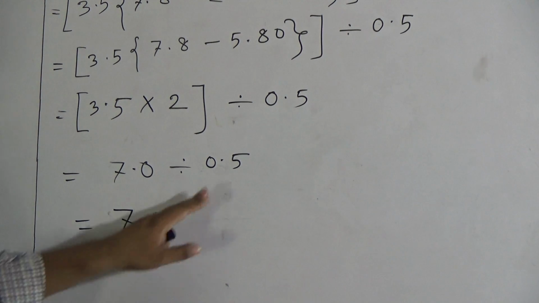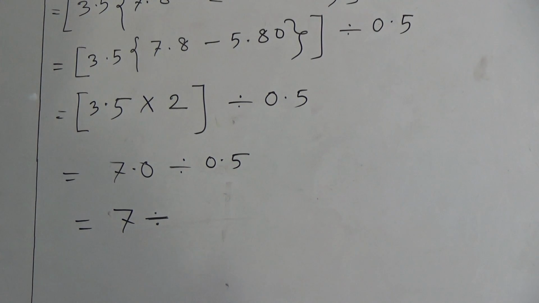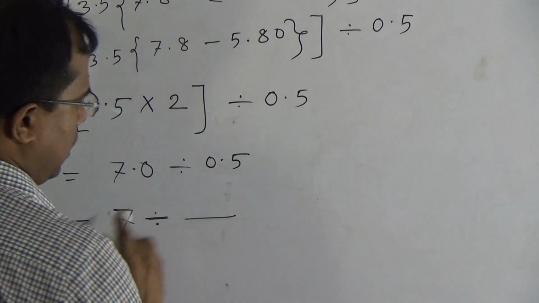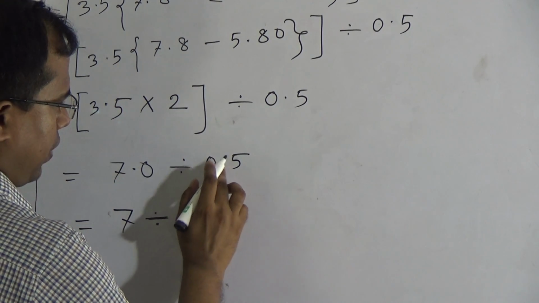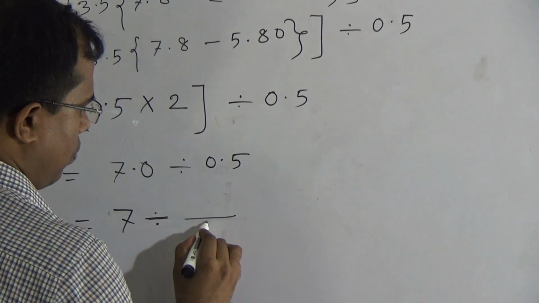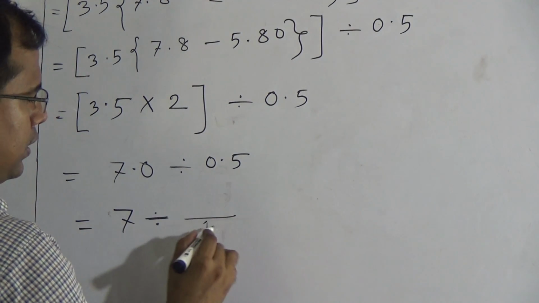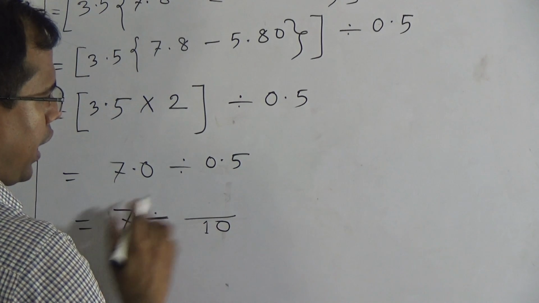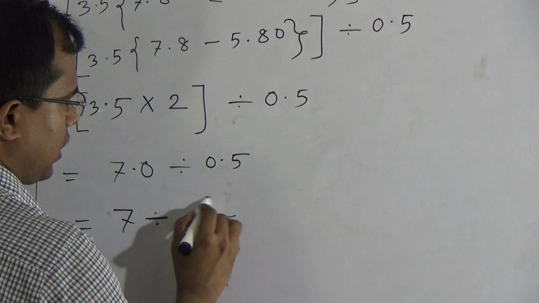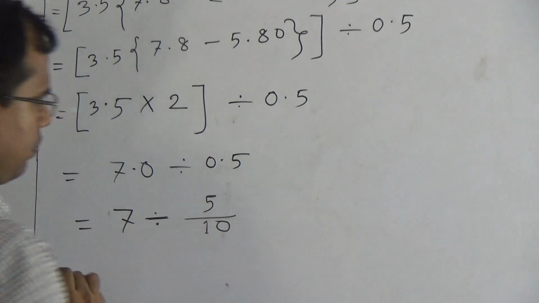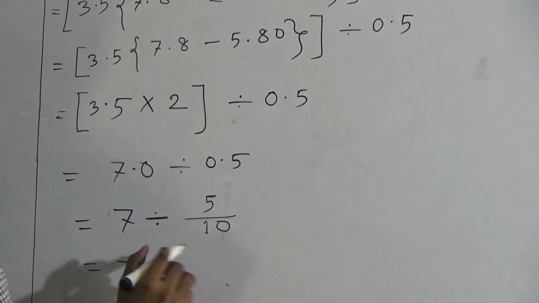We will convert this decimal number into a fraction. In the denominator, at the place of the decimal sign we will give 1, and after the decimal sign one digit exists, so we will give 10, and in the numerator we will write the number without the decimal sign. That means 5 by 10. This is equal to 7.